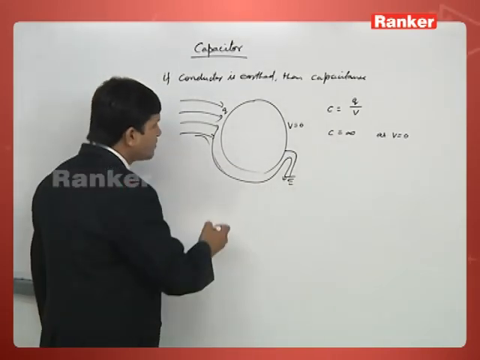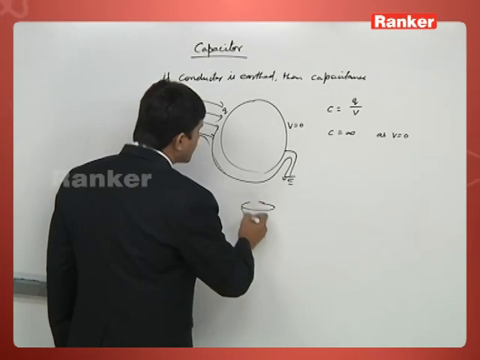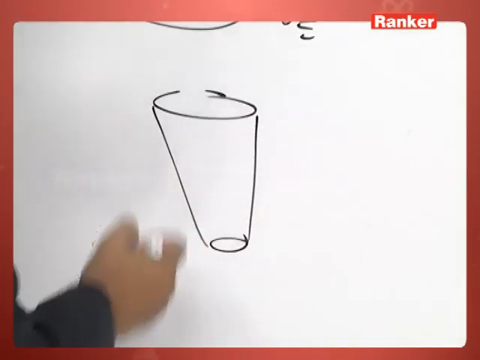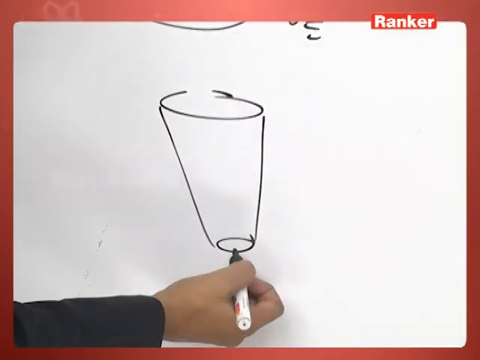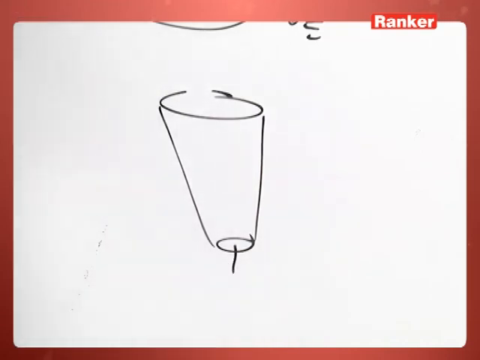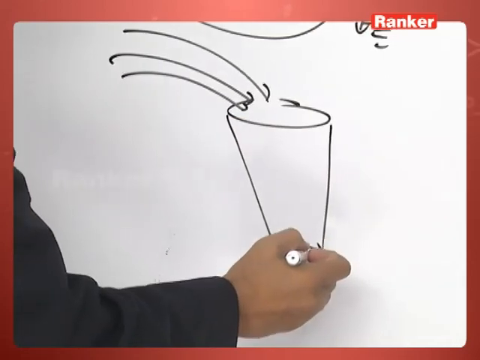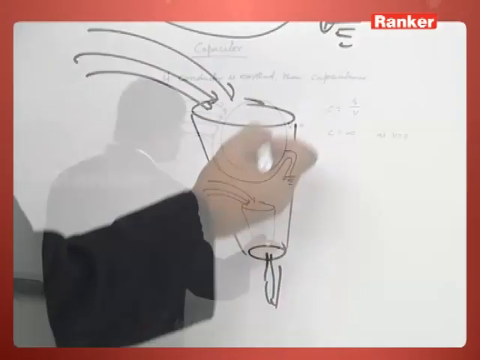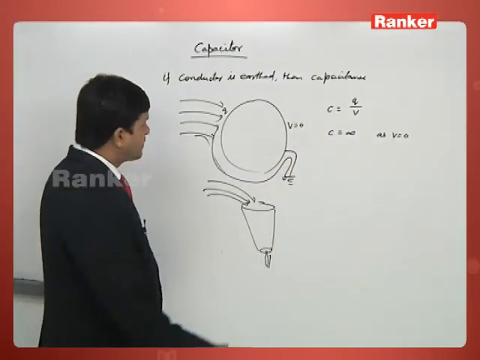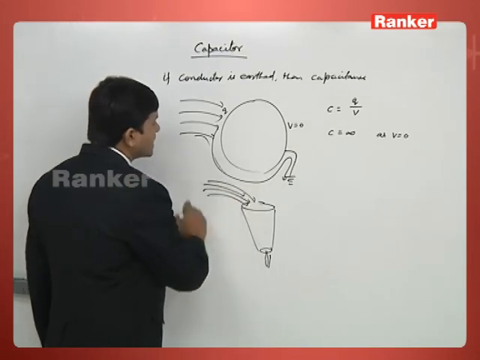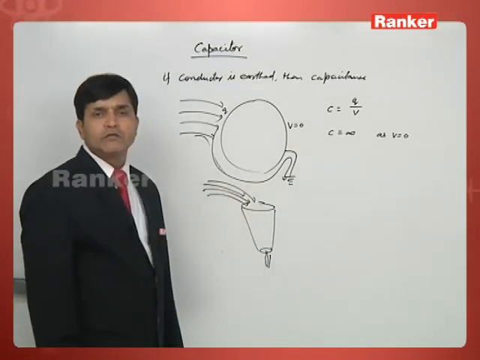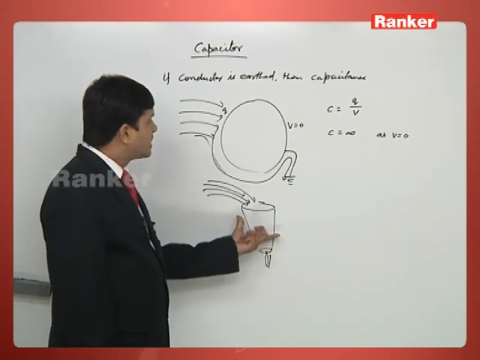It is very similar to if we are talking about the capacity of a glass, and a small hole has been made here. Whatever amount of water we are giving into the glass, that amount of water will leak out, so it will never fill. Never fill means we can say it can take infinite amount of water to become fully filled.